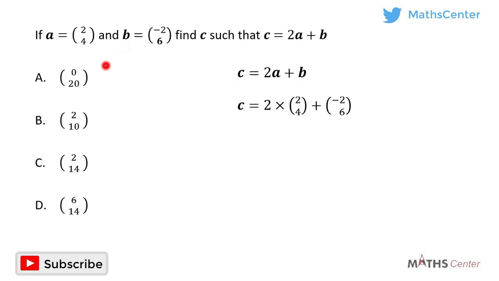The components of vector A are 2, 4, and the components of vector B are negative 2, 6. So vector C is equal to 2 times 2, 4 plus negative 2, 6. 2 times 2 will give us 4. 2 times 4 will give us 8.